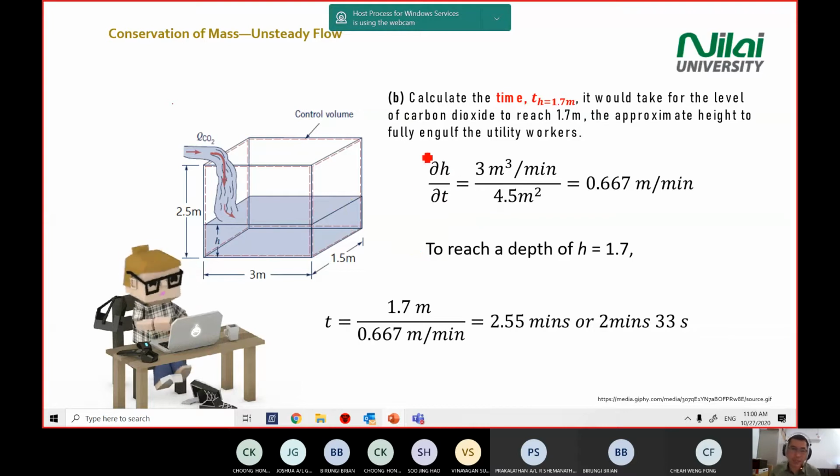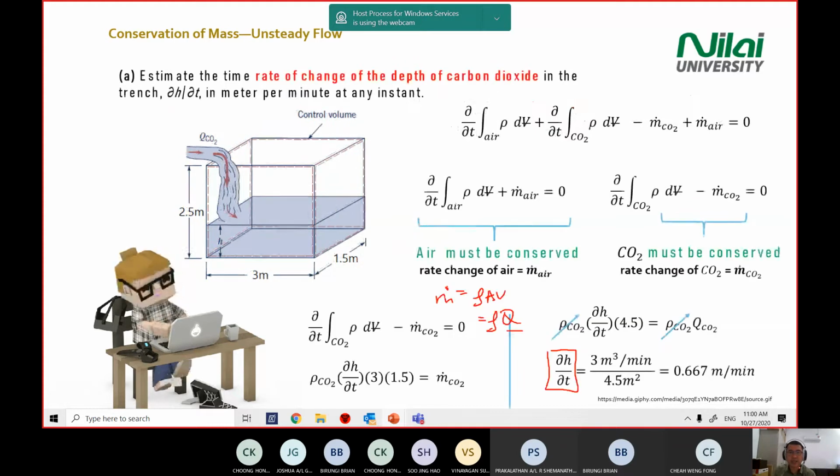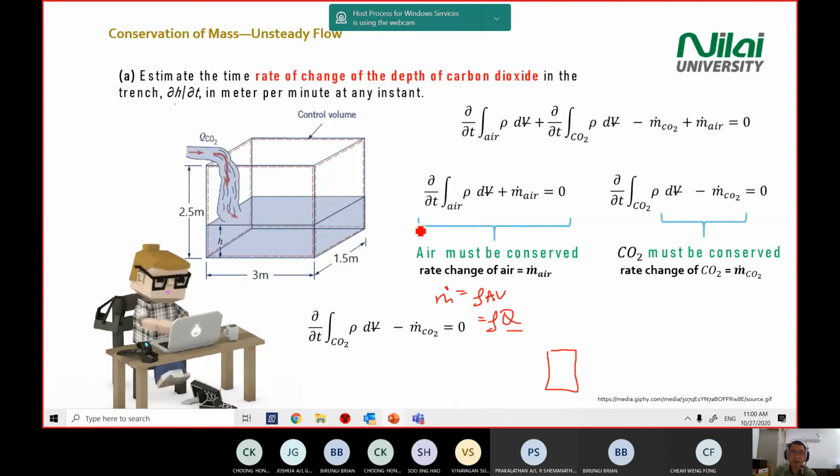Section B, this one is just can say as a bonus question. You just apply what you developed just now. Yeah. And then A section is just application of continuity equation. It just make you confused a bit with the air and CO2.